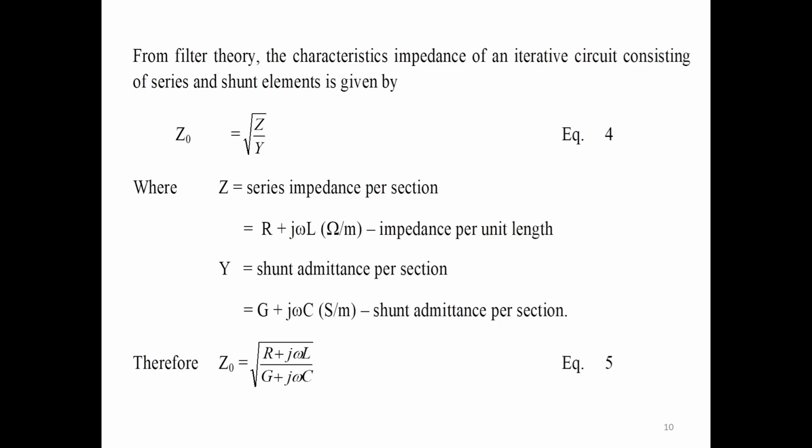Therefore, from equation 4, Z0 will be the square root of R plus jωL over G plus jωC, called equation 5.